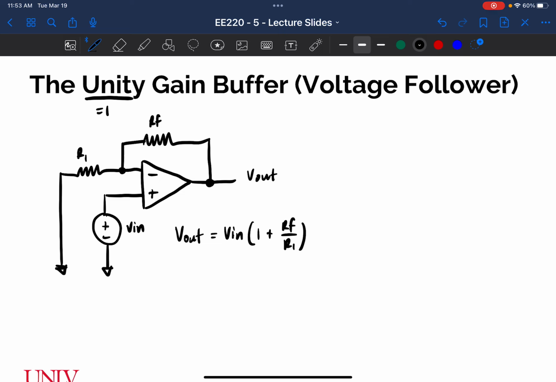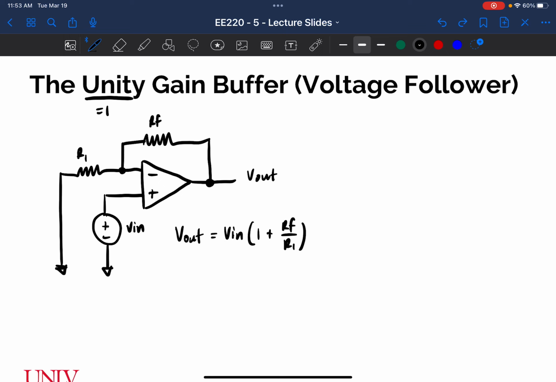Either RF goes to 0, which leaves us with just V out equal to V in, or R1 goes to infinity, which makes this term 0, which leaves us with just V out equals V in, or both of those things happen.